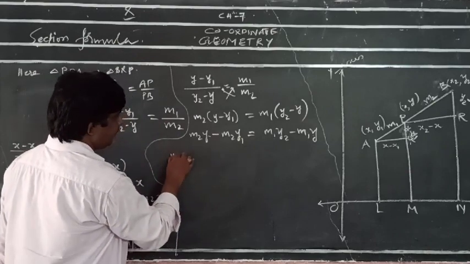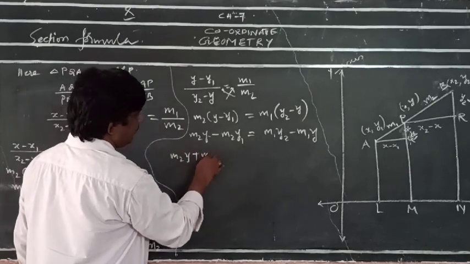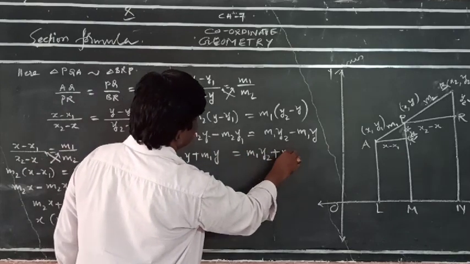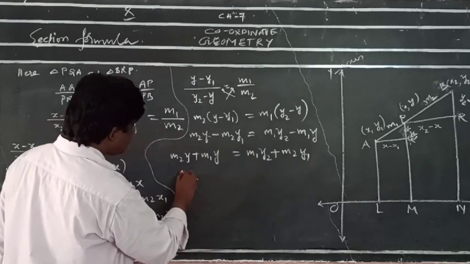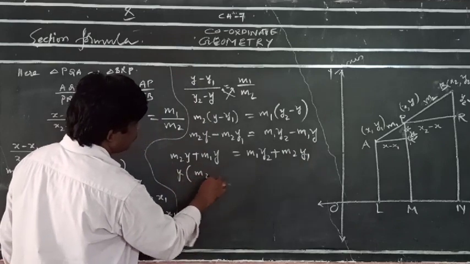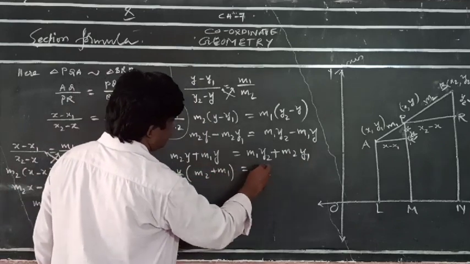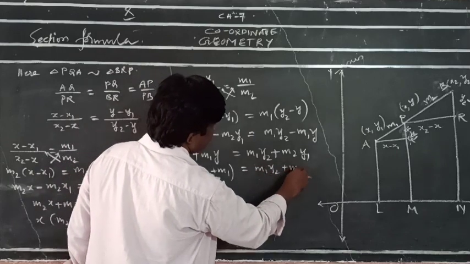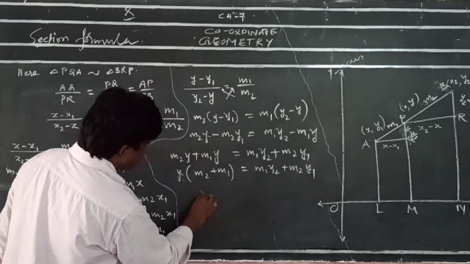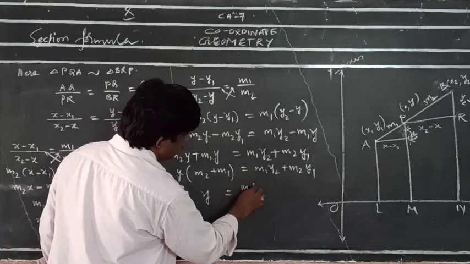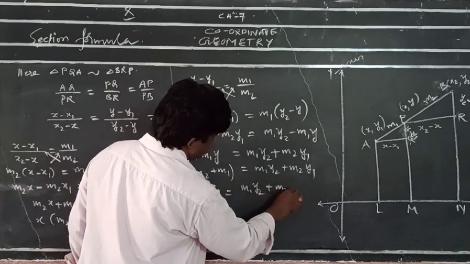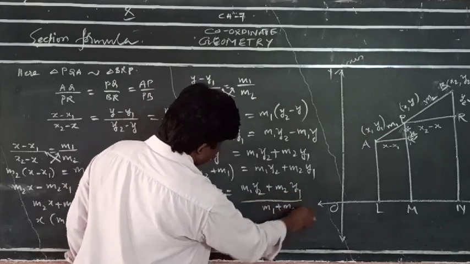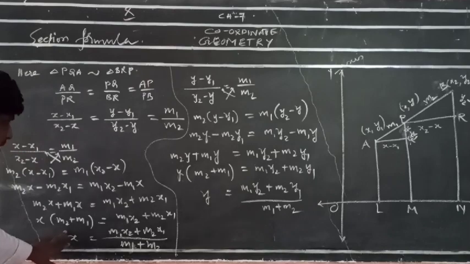Therefore, I will get m2 y plus m1 y is equal to m1 y2 plus m2 y1. Here y is common, therefore I will get (m2 plus m1) as a factor. Therefore, y is equal to (m1 y2 plus m2 y1) by (m1 plus m2).